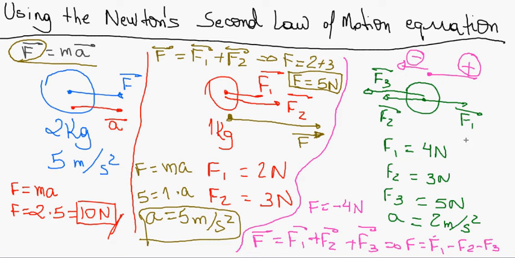So our net force is to the left. Why? Well, the value of the net force is negative. This means that the net force is in the direction that we considered negative, so it's to the left.